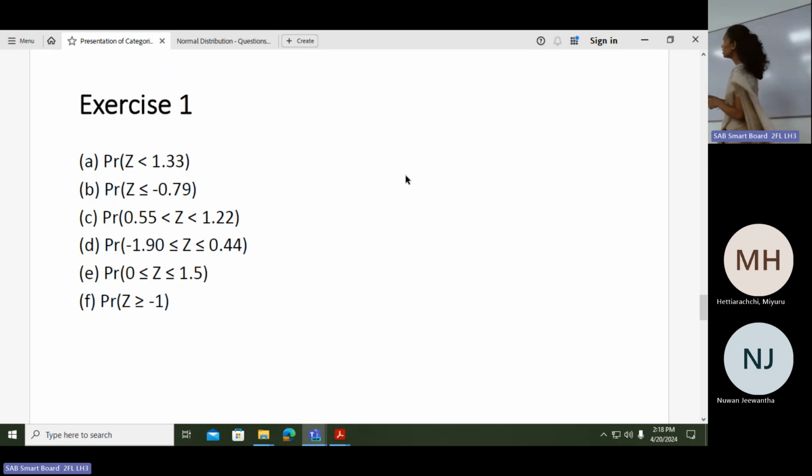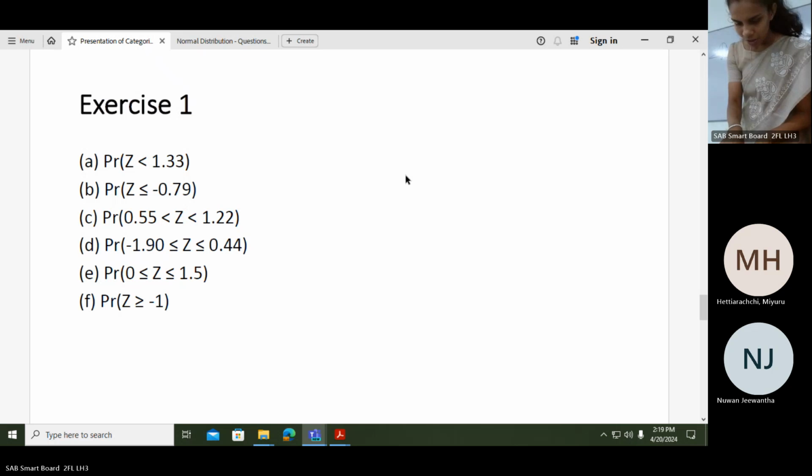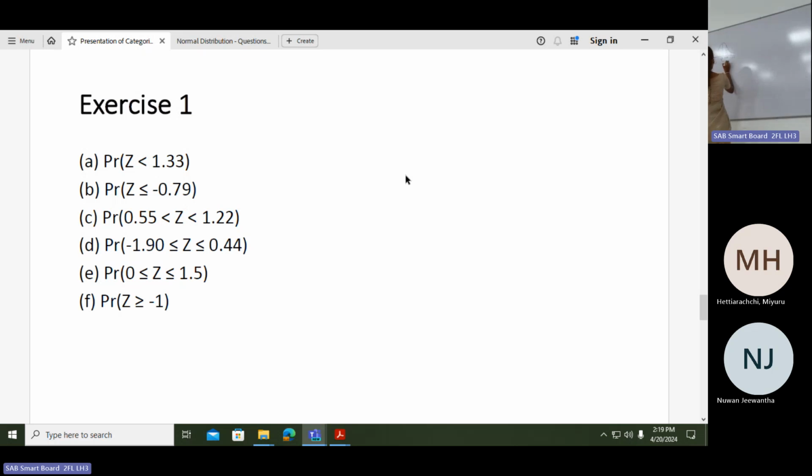Part C. That value will be between 0.55 and 1.22, where both values are positive. The z value 1.22 gives 0.3888, so 0 to 1.22 is equal to 0.3888.